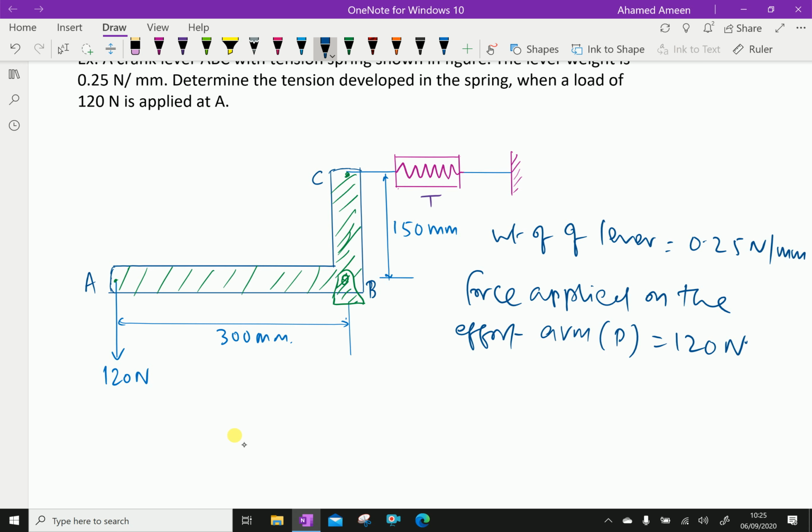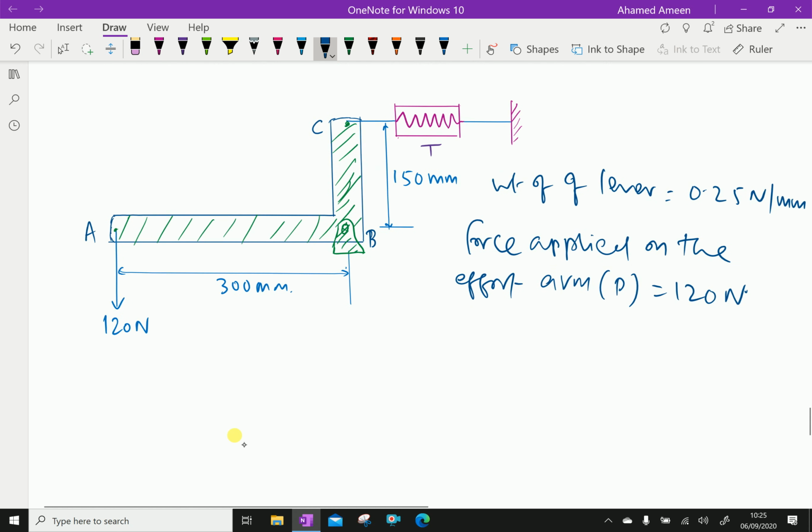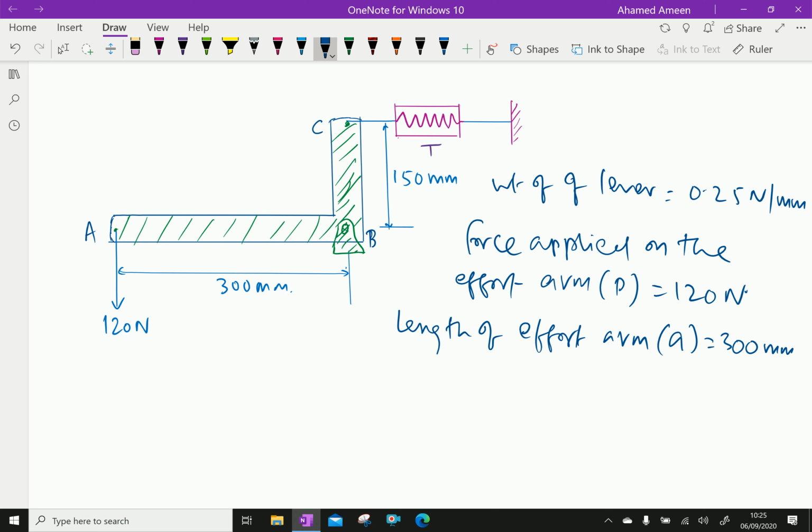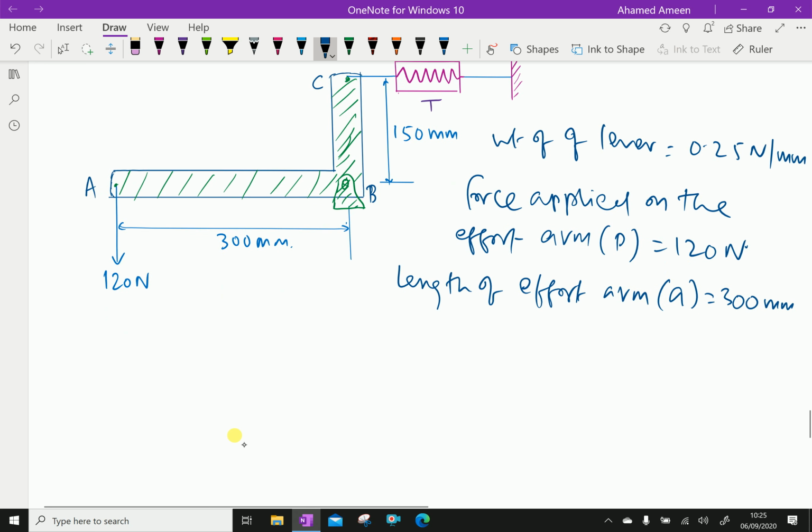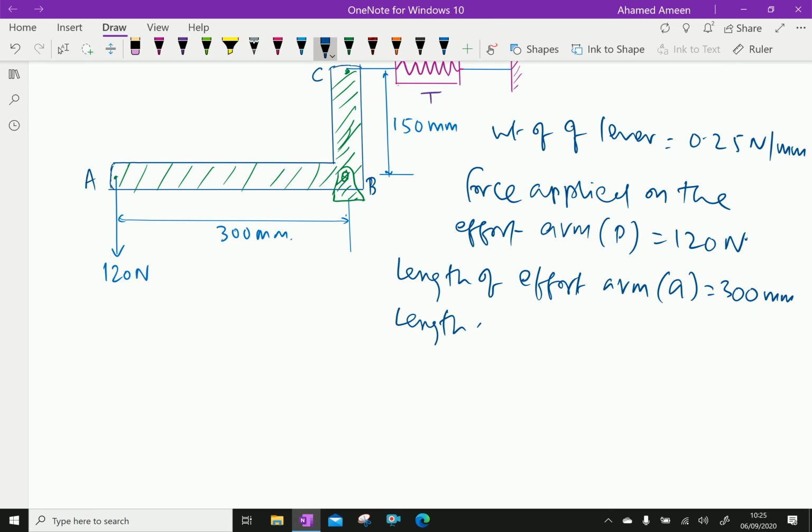Length of effort arm, we keep A, which is equal to 300 mm, and length of load arm, we keep this as B, which is equal to 150 mm.